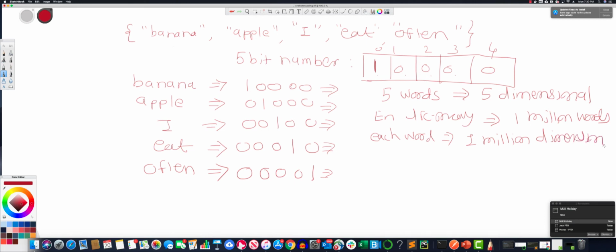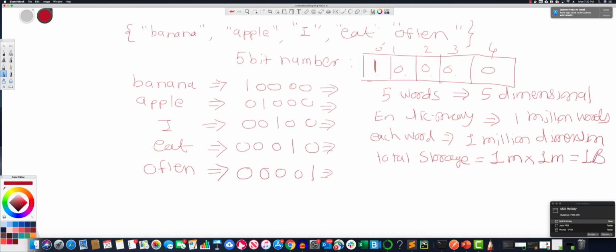So if each word has 1 million dimensions, and there are 1 million words, the total storage would be 1 million words times 1 million dimensions, which is 1 trillion. So it's very large, right?